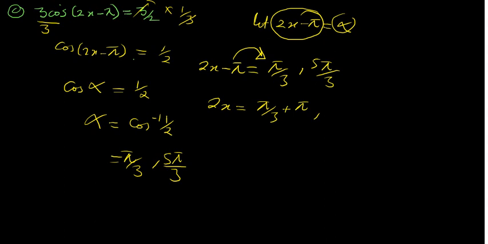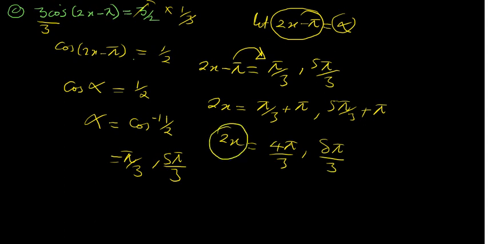And then this same pi is also going to add to 5 pi over 3. So we're going to have 2x being equal to 4 pi over 3, and also 8 pi over 3. Now after finding this, notice that this is a double angle. The reason why we can see a 2 there is that it is representing a double angle.